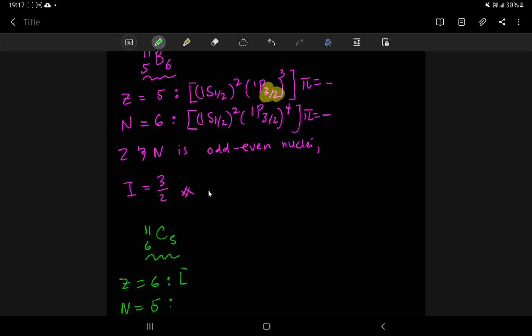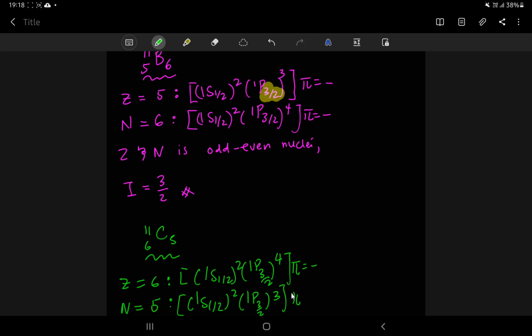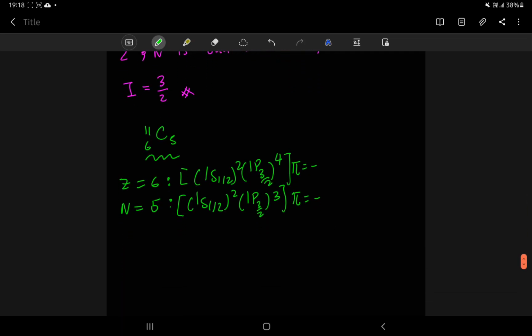So it's 1S 1/2 with 2, 1P 3/2 with 4. The pi is odd. For the neutrons, 1S 1/2 with 2, 1P 3/2 with 3. So pi is negative.